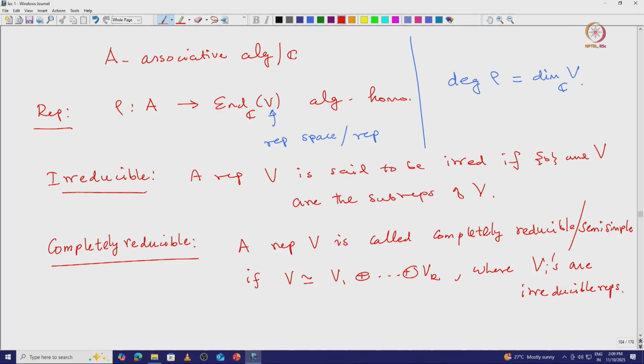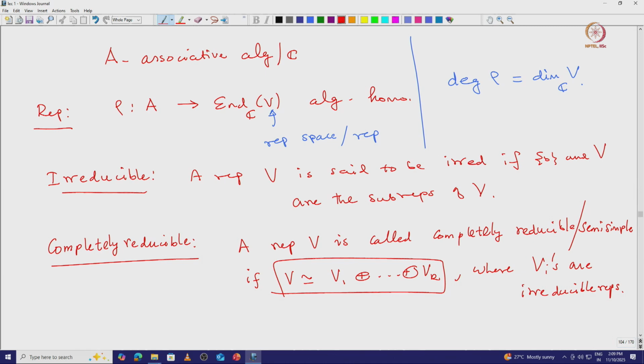As I said before, in this course we will be only focusing on finite dimensional representations. That already forces the number of components in this direct sum to be finite. So, complete reducibility says that a given representation can be decomposed into a finite direct sum of irreducible representations.